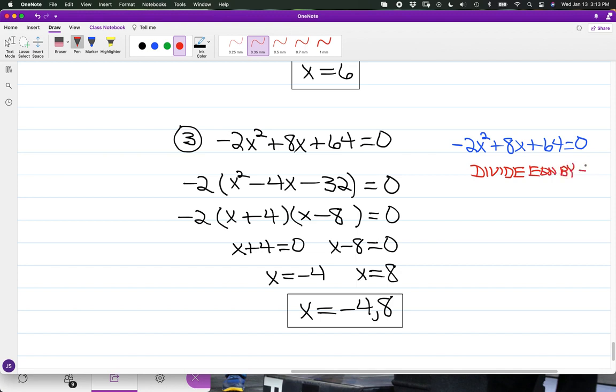If I divide the equation by negative 2, we would have x squared minus 4x minus 32 is equal to 0. And you'll still have the same binomial factors.